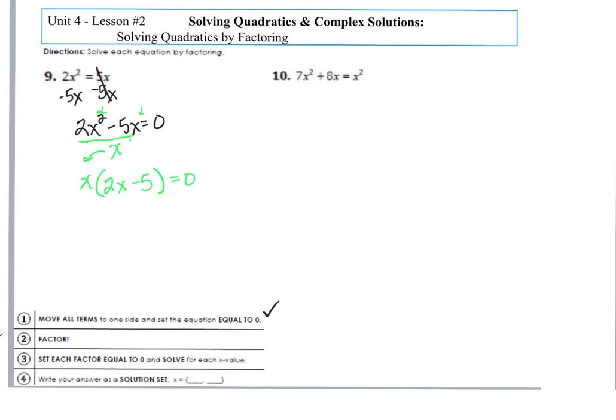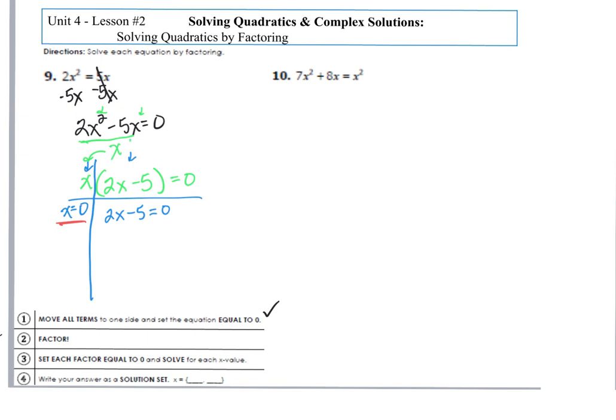I still have 2 factors. x is a factor, and then 2x minus 5 is a factor. So I t-bar in between. Your x's are always on either side of that t-bar. We're going to set each of these factors equal to 0. x equals 0, 2x minus 5 equals 0. On the left side, x equals 0 is already solved for.